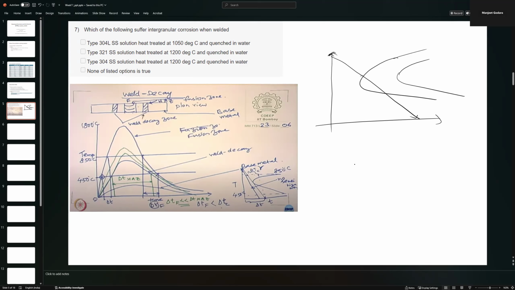We are welding, so it will form some heat affected zones, and then we are treating it at this temperature and quenching it.